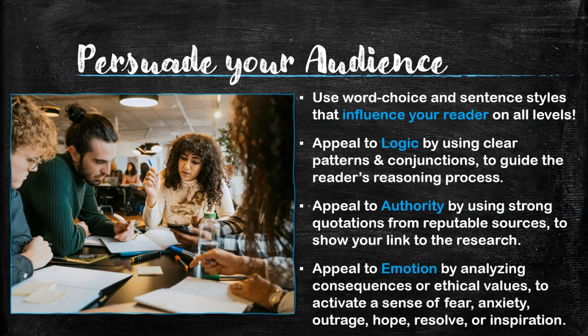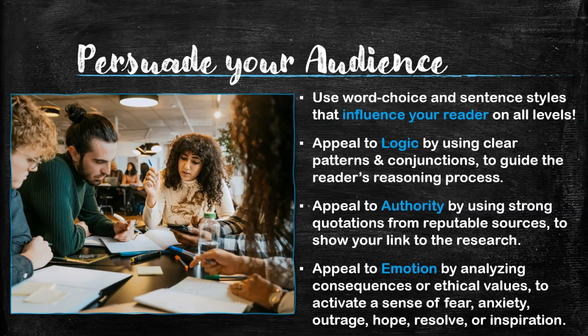And another go-to persuasive technique is to appeal to emotion. One way to do this is analyzing the consequences or the ethical values of the topics that you're getting into, really pinning on your reader's sense of right and wrong, good and bad, okay and not okay.